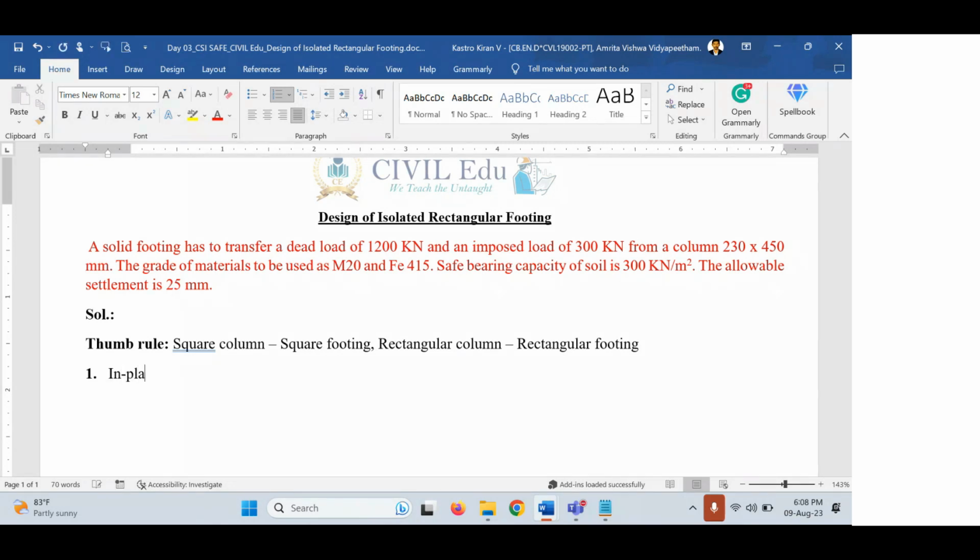This step 1, step 2 does not necessarily indicate exact steps; I'm just numbering them 1, 2, 3 for our better understanding. So what are the in-plan dimensions of the footing? They are nothing but the length and width of the footing. For every footing we have the length, the width, and also the depth. Depth we will find out after some time, but first let us focus on the in-plan dimensions, which are the length and width of the footing.